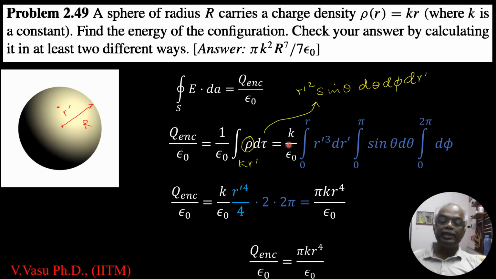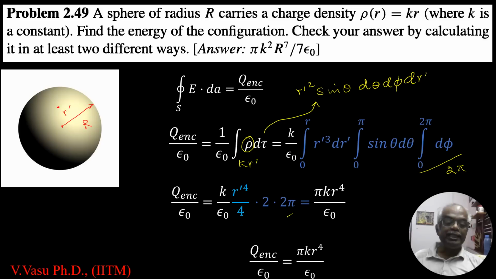So you substitute this for rho. Then you take k outside. Already one constant is outside: k over epsilon naught. This r prime and this r prime squared will become r prime cubed, and you are integrating with respect to d r prime. Then you integrate 0 to pi sine theta d theta and 0 to 2 pi d phi. The third one is a standard integral, whose value is 2 pi. Then what about the sine theta d theta?